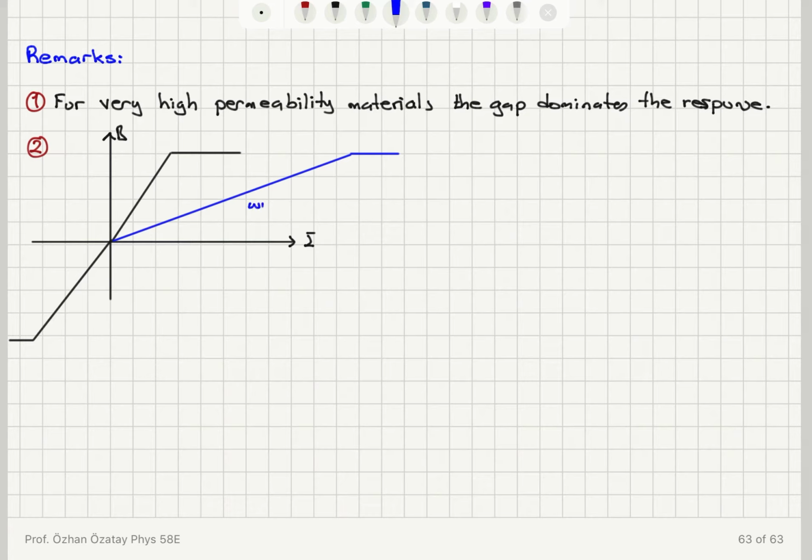So that is with gap. And that has to do with the change in the permeability. As you can see from this plot, there is no hysteretic behavior. When I change the current, I'm increasing the magnetic induction linearly. So there is basically an approximation here. So number 3, there is a flux leakage in the gap that we are not considering.